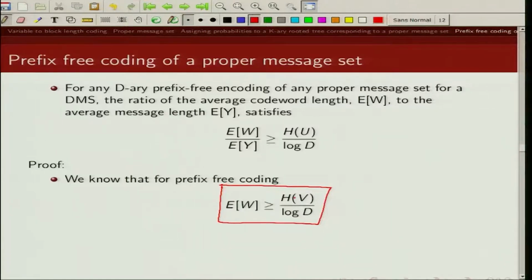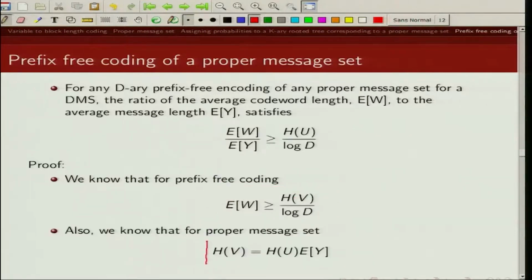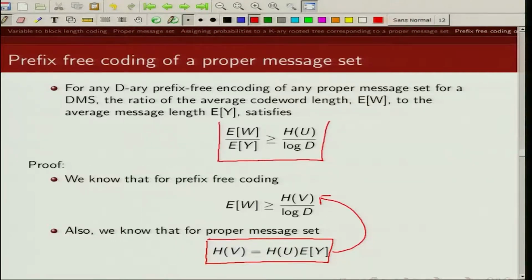The source in this case is V, so it's H of V by log D, and I have just now proved that H of V is nothing but H of U times the expected value of Y. So if I plug this in here and divide both sides by the expected value of Y, what I get is this relation. So if I do a prefix free coding of a proper message set, then the expected output code word length to the expected input message length is lower bounded by entropy.